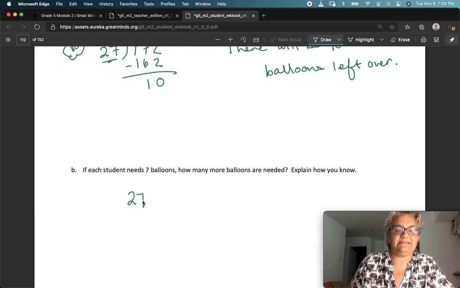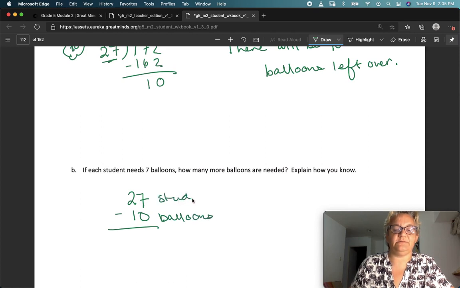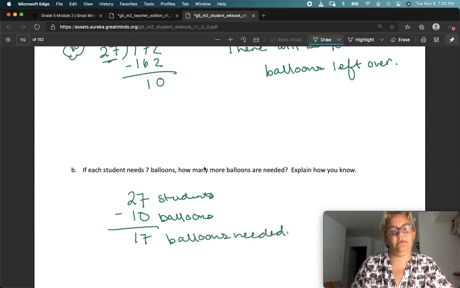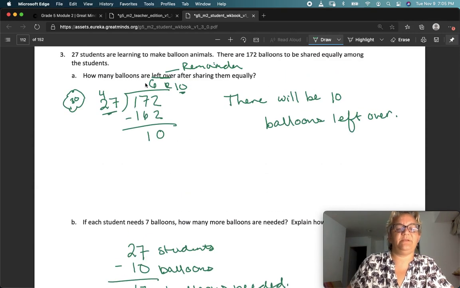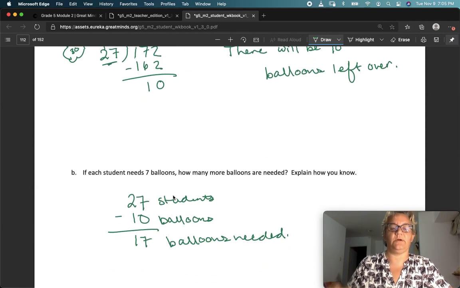So 27 minus 10, because we have 10 balloons and 27 students, that would give us 17 more balloons needed. Okay? And we know that because everybody already has 6, they just need 1 more.